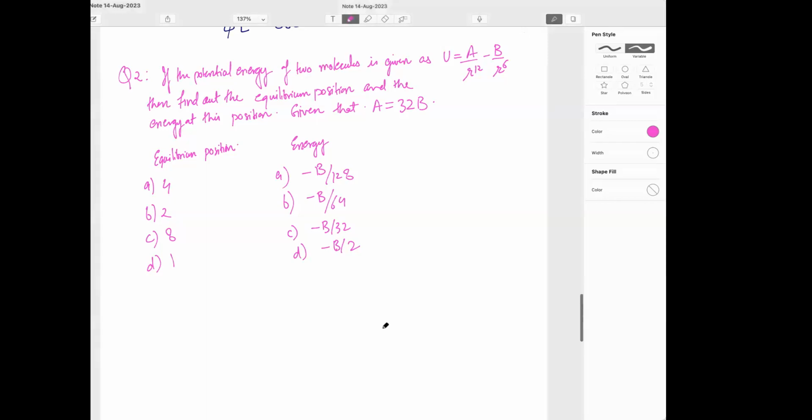Sir, equilibrium position 2, energy equals to minus B by 128. Yeah, correct.